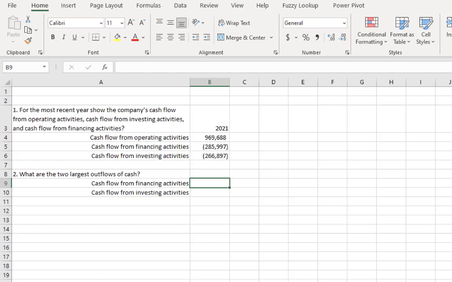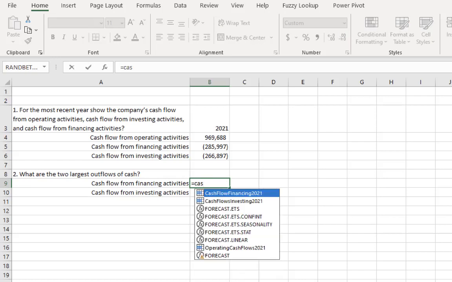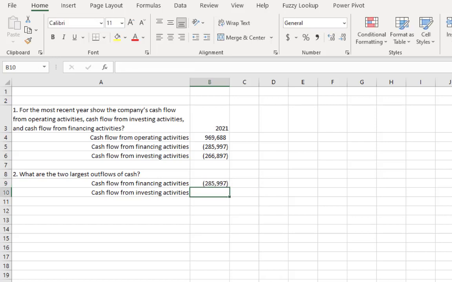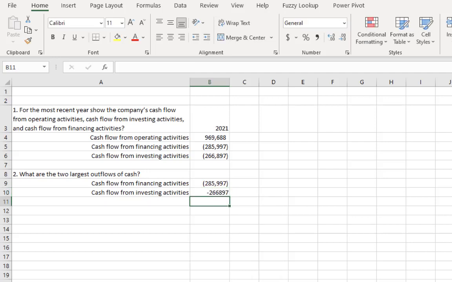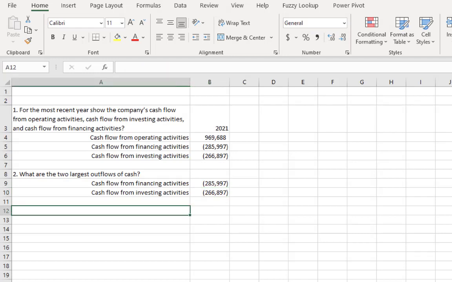And basically, all I really have to do is say equal to this cell, right? Or I could do equal, which would probably be better, cash flow from financing, and equal to cash flow from investing. And again, I have my two numbers. I want to go ahead and do this as a comma, take away my 2 cents. Okay, I'm going to go ahead and save my spreadsheet.